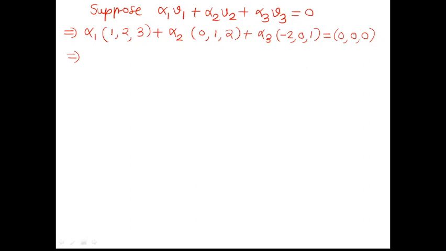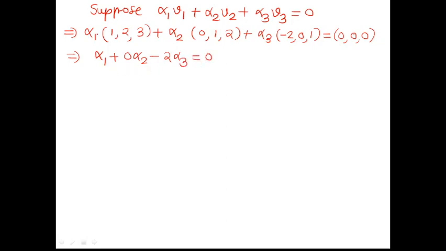We will multiply the first component here with each scalar, and then add them and equate it with the right hand side. We'll get the first equation: alpha 1 into 1, alpha 1, plus 0 into alpha 2, minus 2 alpha 3 equal to 0.